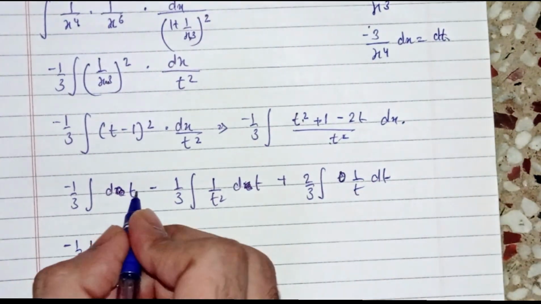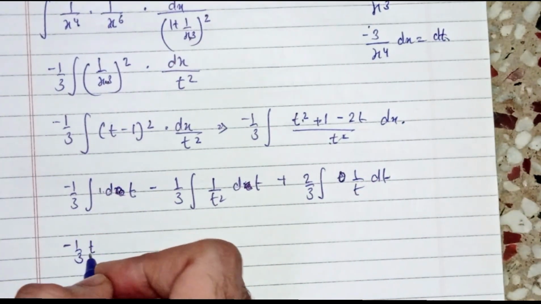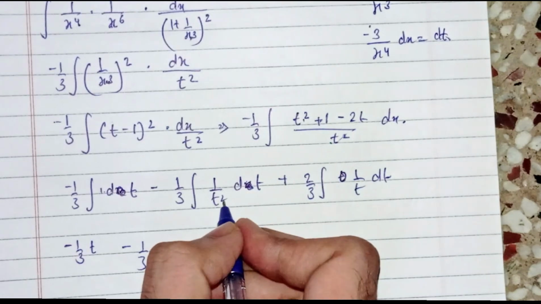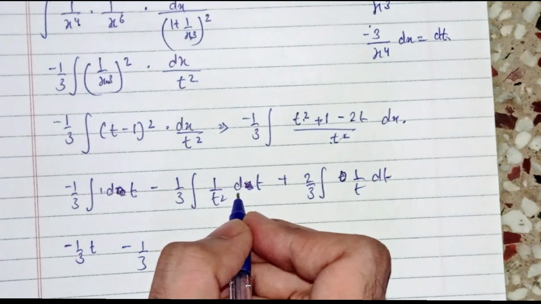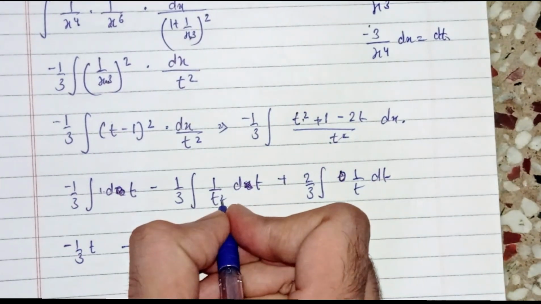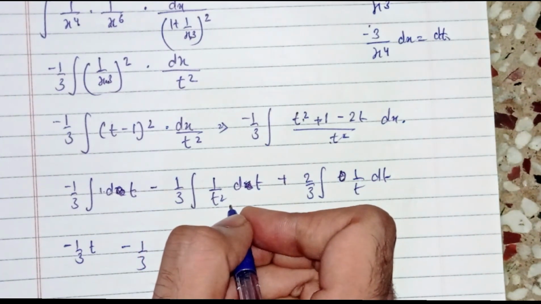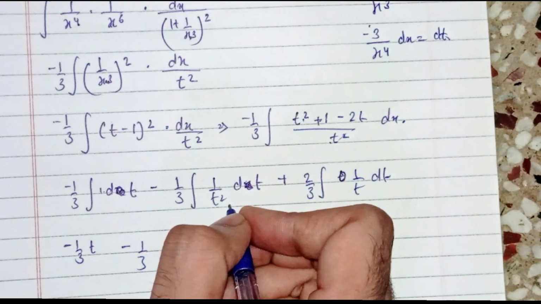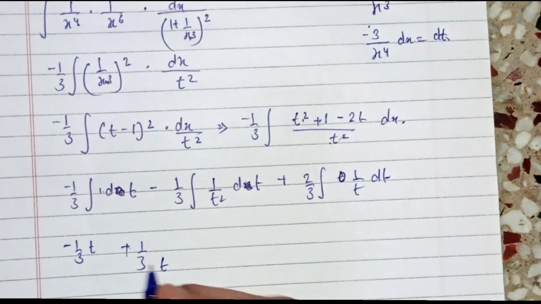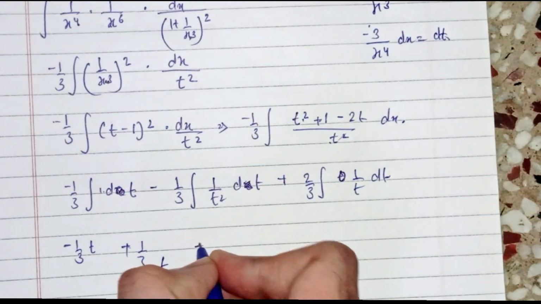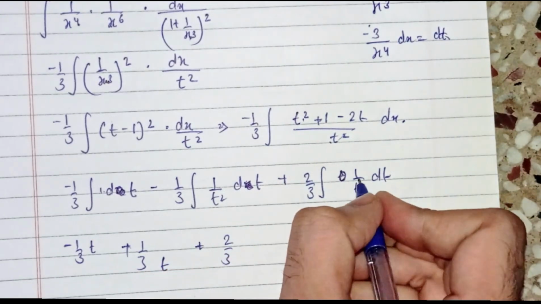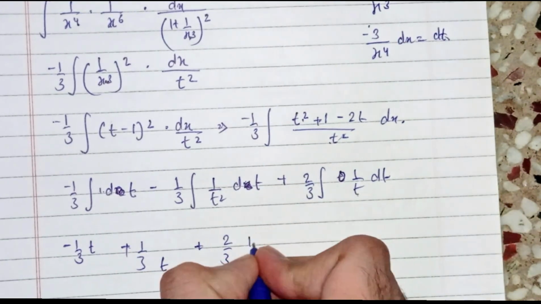So the integration of 1 dt is t, minus 1 upon 3 times t to the power minus 2 plus 1, which is minus 1, and minus minus will get plus. So here plus will come, and plus 2 upon 3 times the integration of 1 upon t, which is ln t.